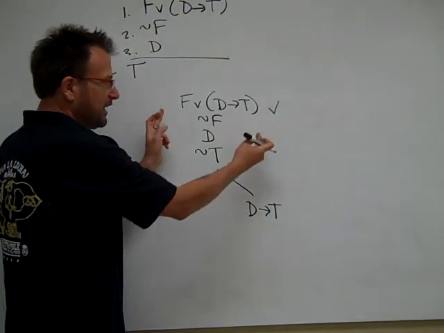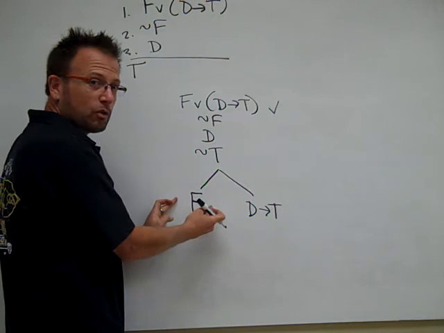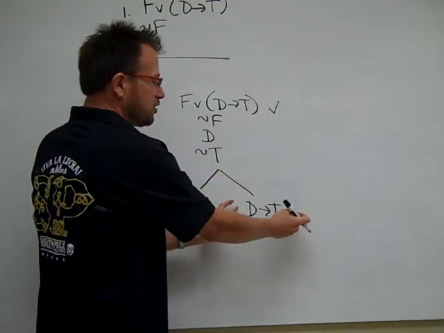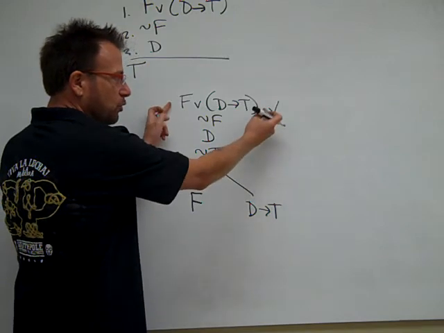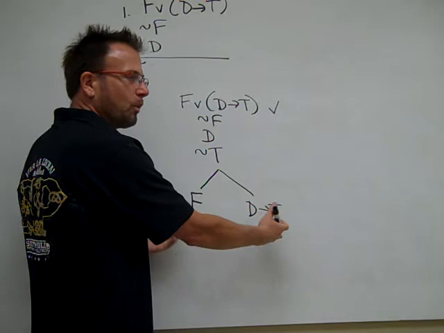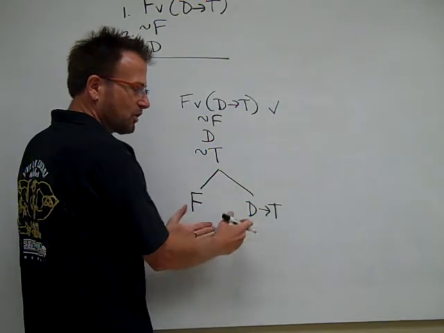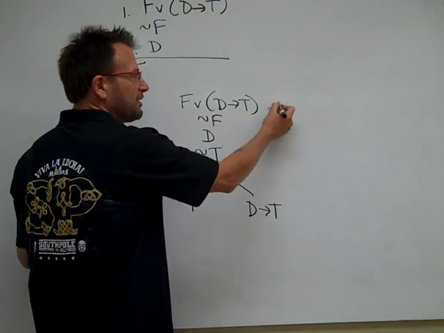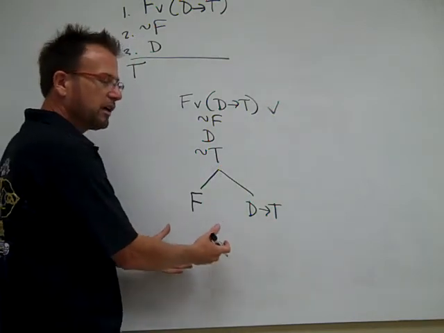It's an either-or situation. So we have two possible scenarios here, so we branch, we don't stack. I can now check this off. I never have to look at that again. Now I'm just working below here.